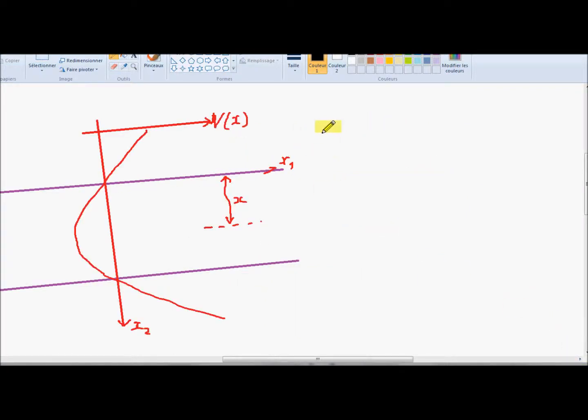For this example, I could have v of x equal x2 squared minus r2.